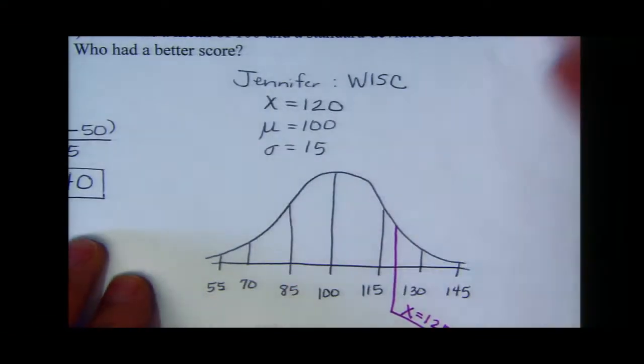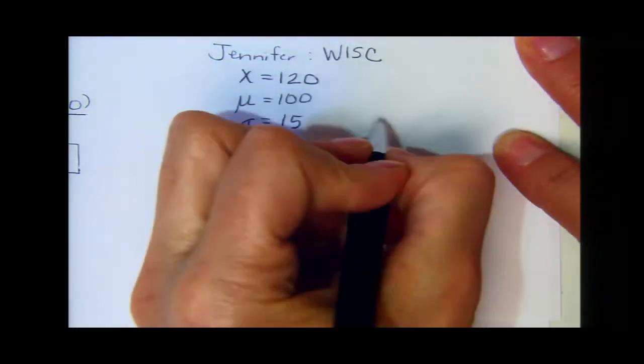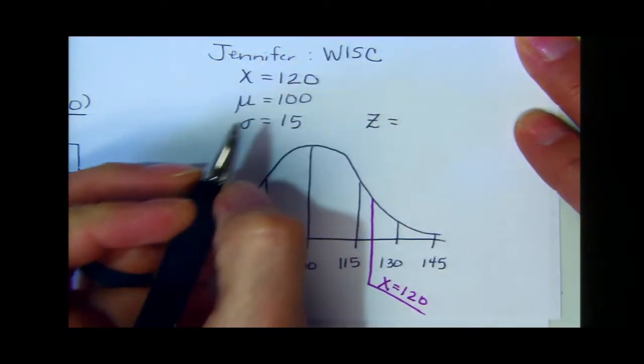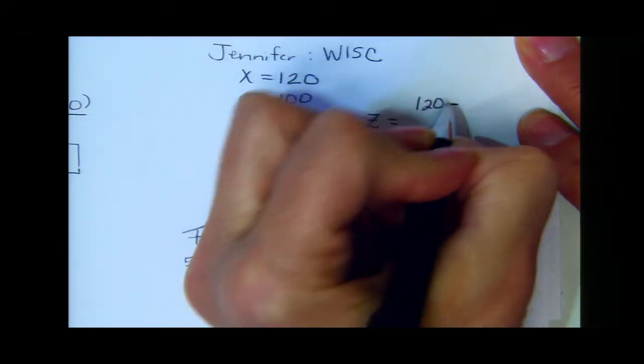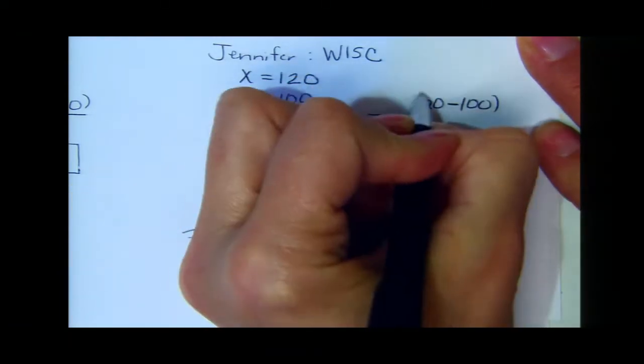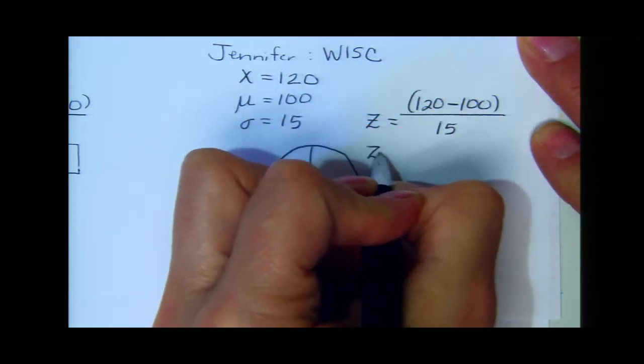So now we're going to do that same thing with Jennifer. I'm going to standardize her score, so it would be x, which is 120, minus mu, which is 100, divided by sigma, which is 15.